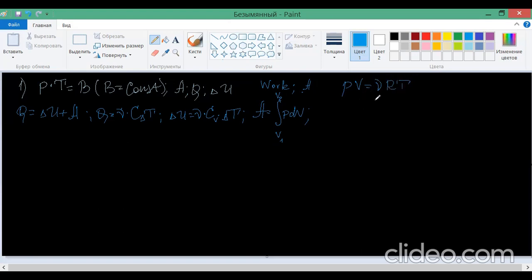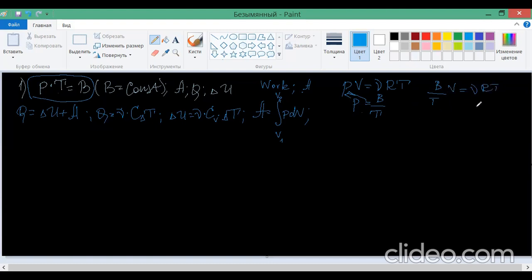Also, in this particular process, the main equation which describes the changes is PT equals B. Let's express P from this equation: P is equal to B divided by T. We can plug it into the state equation, and we will get B over T times V equals nu RT.